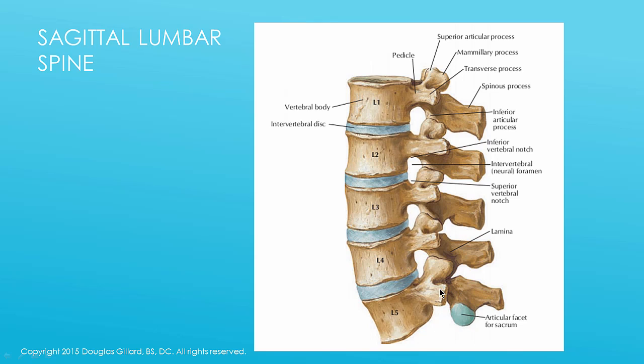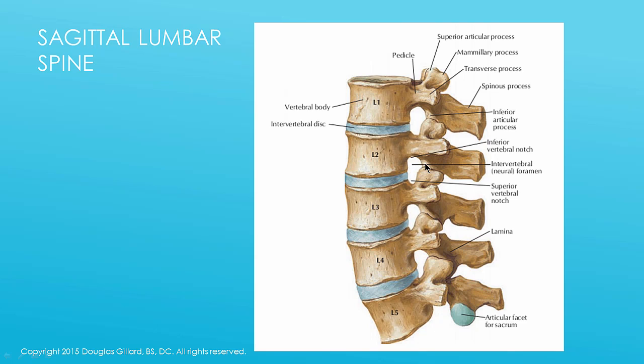We can see the transverse process, coming out of the plane of the page. Easy one right here, spinous process. What about right here, tip of the arrow? Inferior articular facet, superior articular facet. This is the L3/4 zygapophyseal joint, or facet joint.